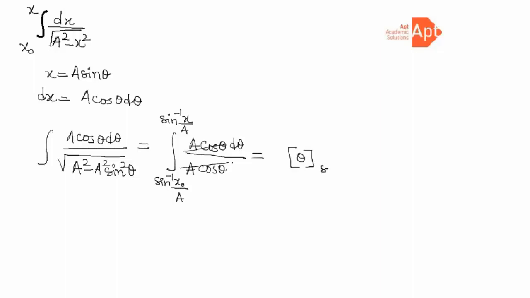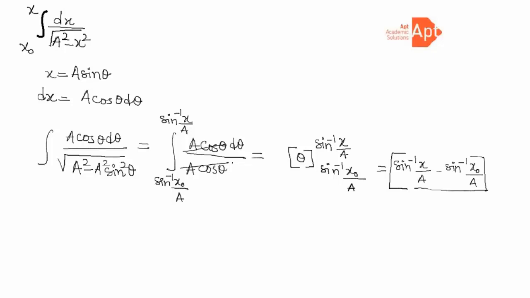On substituting the limits we get sine inverse of x by a minus sine inverse of x naught upon a. So this is how we get the standard integral of dx upon root of a square minus x square. So please remember it, you can incorporate it.